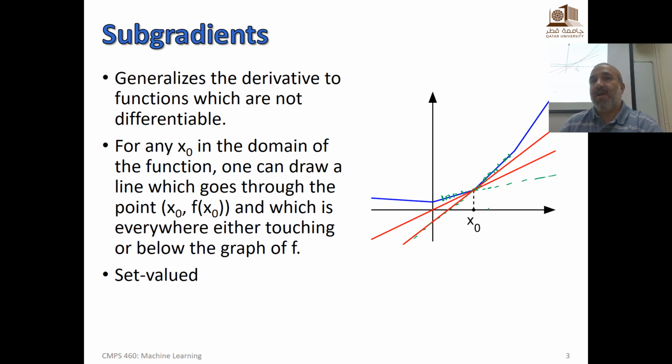So either the red line or continue the blue line? Yes. That's why we say it is set valued. It's a set of possible derivatives. Okay, but usually for simplicity, we can take either the derivative of the function before or the function after.